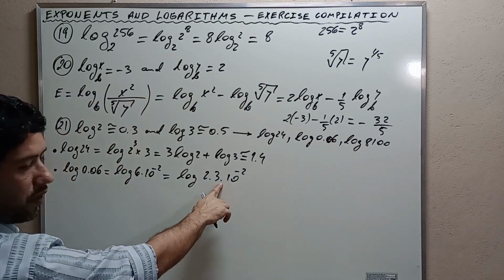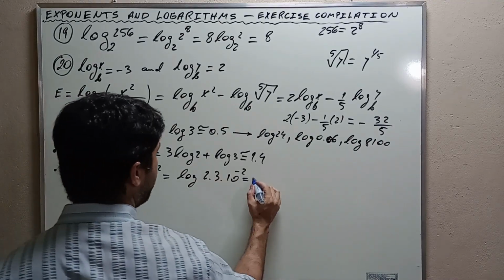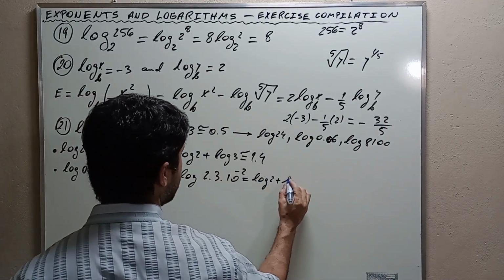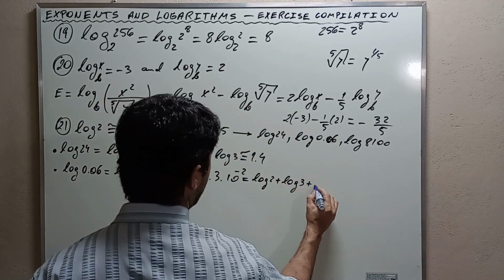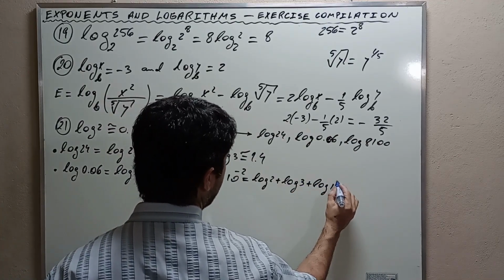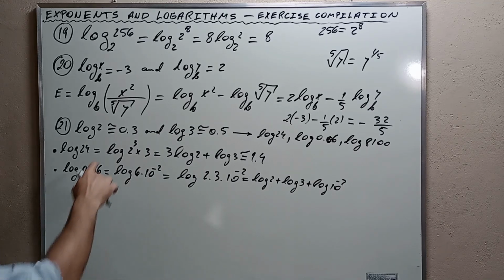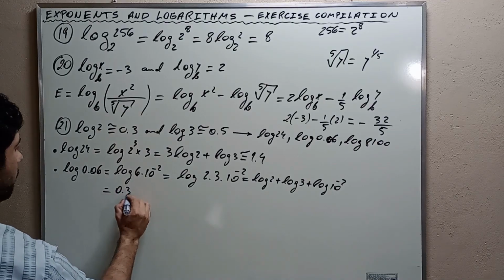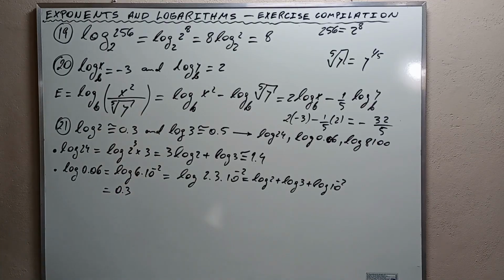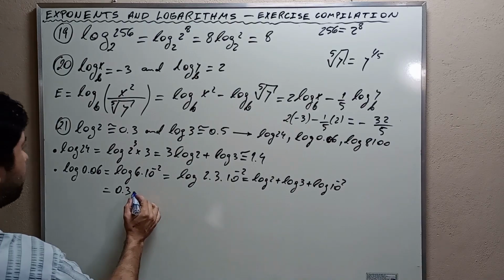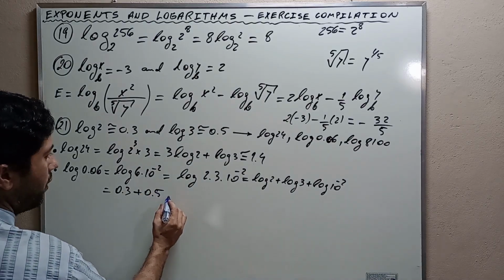We multiply. It is a multiplication. It can be converted to the logarithm of 2 plus the logarithm of 3 plus the logarithm of 10 to the negative 2. Okay? The logarithm of 2, the exercise said it is 0.3. The logarithm of 3, the exercise said it is 0.5.